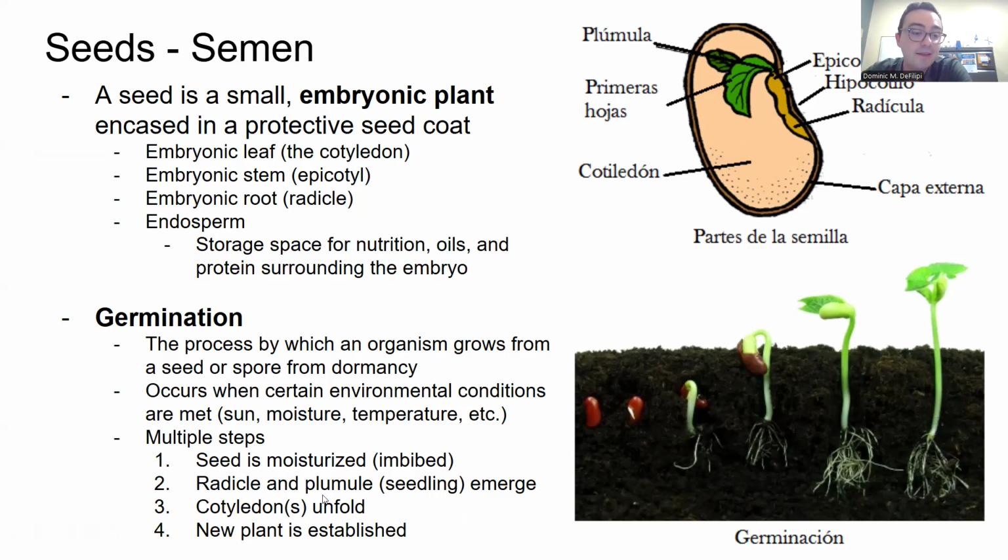The radicle and the plumule of the seedling start to emerge. Again, it's still underground at this point, but you can see the plumule emerging right there, and the radicle is starting to take shape as the first little roots. The cotyledons will then unfold. Those are our baby leaves, the first ones, and then we eventually establish the new plant, and that is the process of germination.